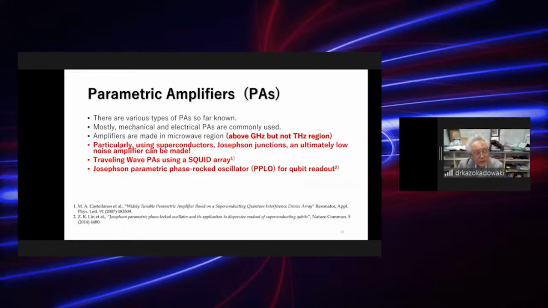But this is also used for superconductors because the superconductor Josephson junction is nonlinear, so using this nonlinear effect, we can make this parametric amplification. So the Josephson junction is a most beautiful example for making this parametric amplifier. So there are already examples.